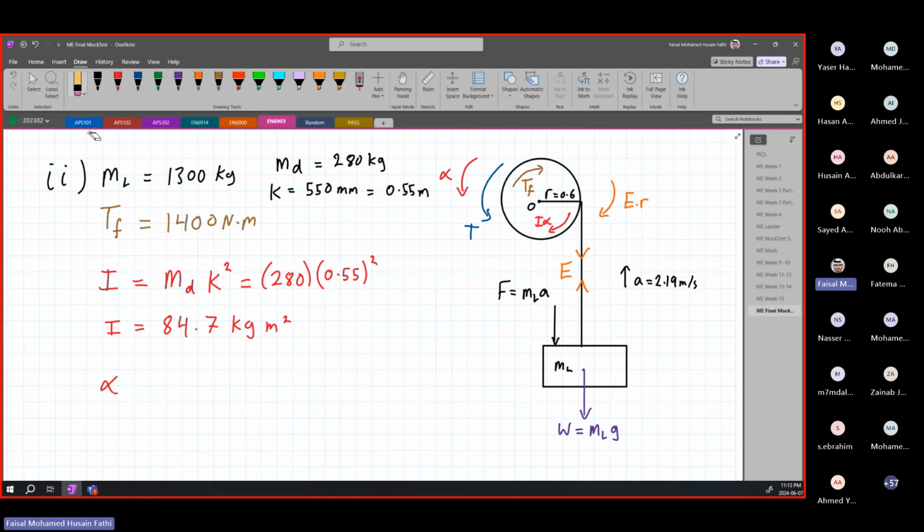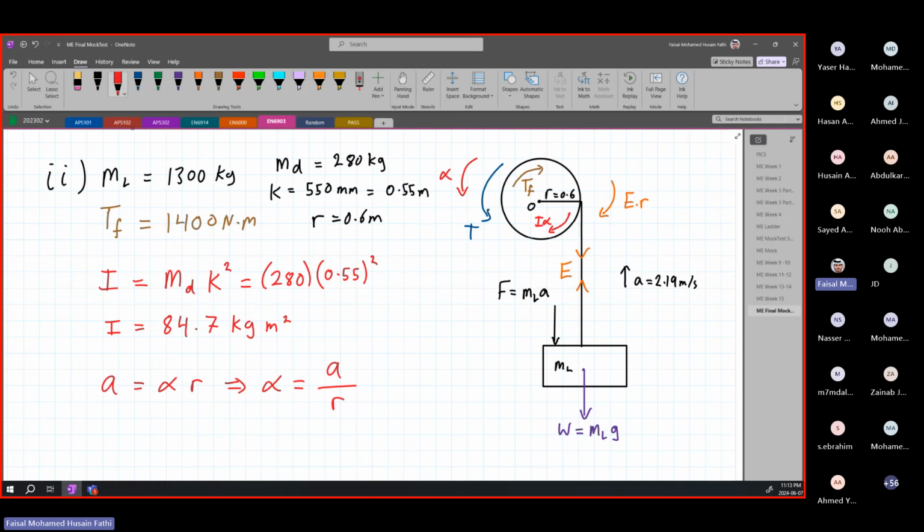We know that before even writing alpha, acceleration is equal to angular acceleration times the radius. Okay? So our alpha is going to be equal to acceleration divided by the radius. And the radius we have already found to be 0.6 meters, the radius of the drum.